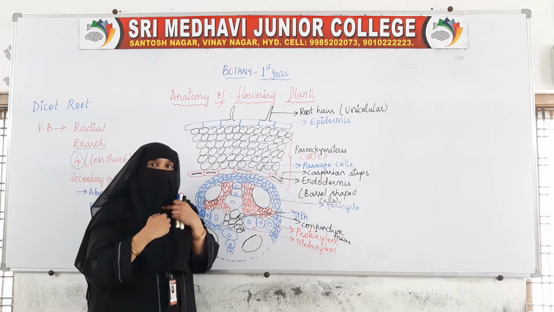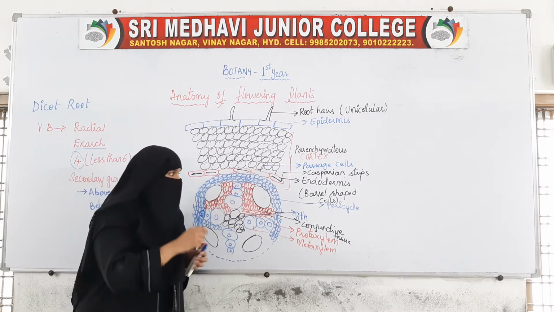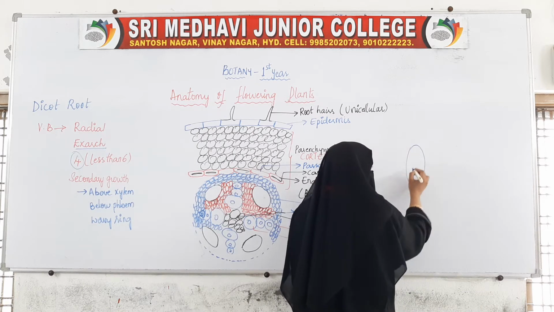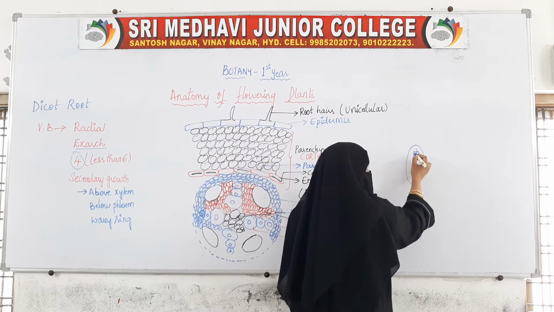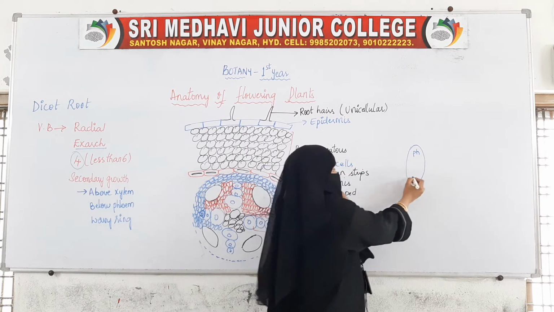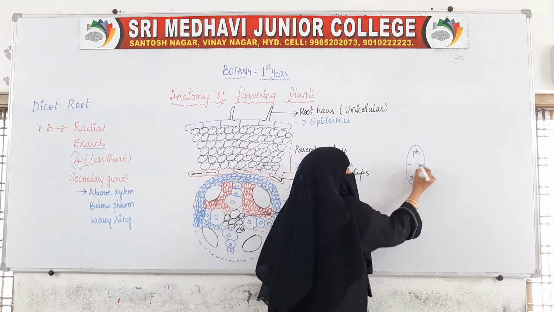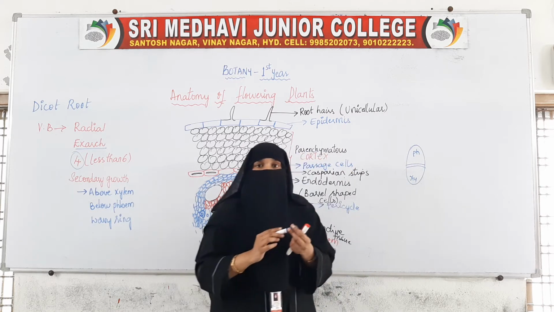If the plant has to show secondary growth, recall that in the stem the vascular bundle was conjoint: towards the periphery phloem was present, towards the pith xylem was present, and in between the xylem and phloem, cambium was present in the dicot stem.